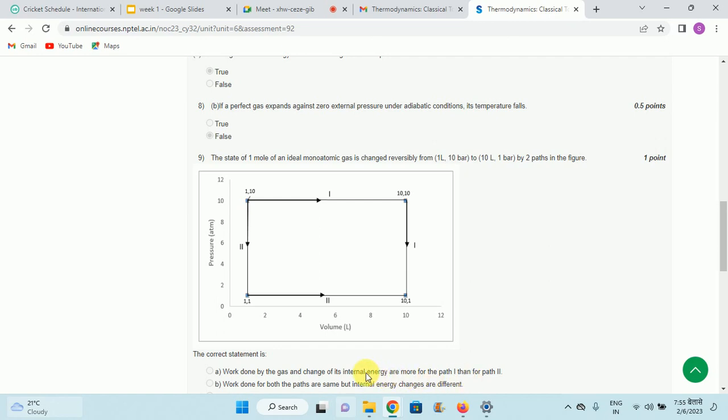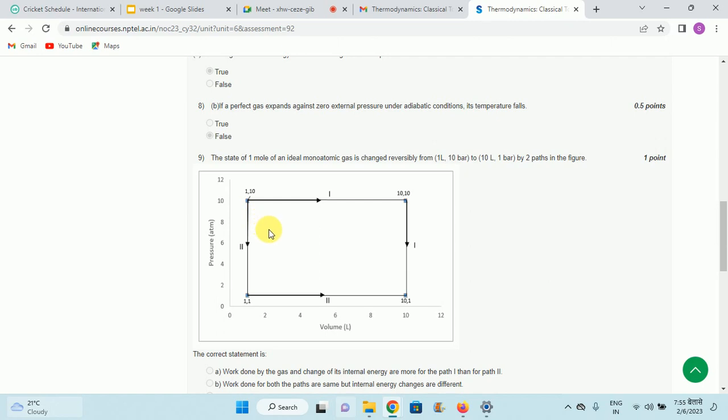Internal energy, we know it is not a path function, it is a state function. So going from 1 or going from 2, the internal energy will be the same for both the processes.